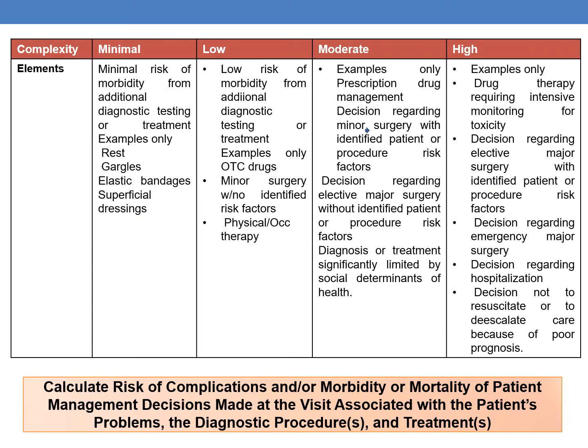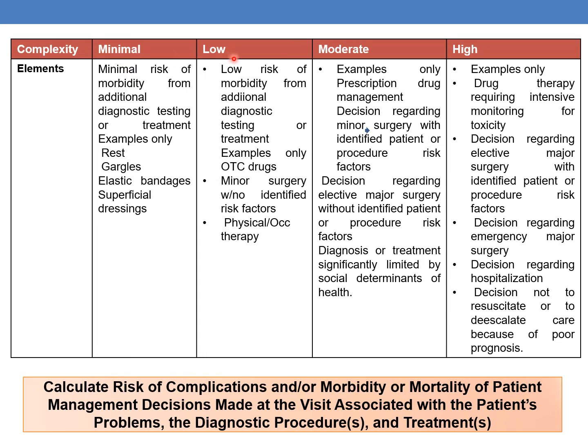Now that we have discussed the definitions, let us calculate the risk of complications and morbidity in determining the complexity. So according to risk of morbidity and mortality, what is minimal complexity? That is minimal risk of morbidity from additional diagnostic testing or treatment. For example, rest, gargles, elastic bandages, superficial dressing. All these treatment management will qualify for minimal complexity.